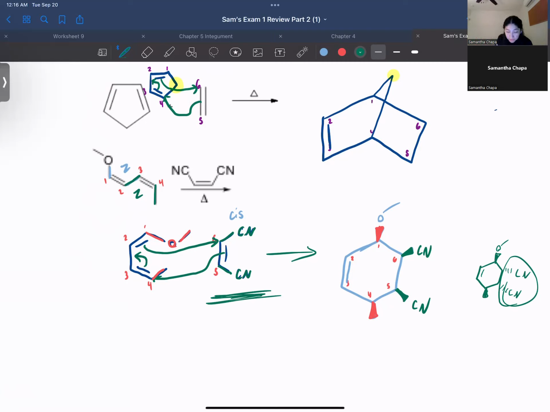The second thing is on the diene. Since we had Z and Z, we had to have them both on the same thing, so we did the wedge here. If we had E and Z, one would be on the wedge and one would be on the dash. There's lots of possible products for this because there's a number of stereogenic centers.